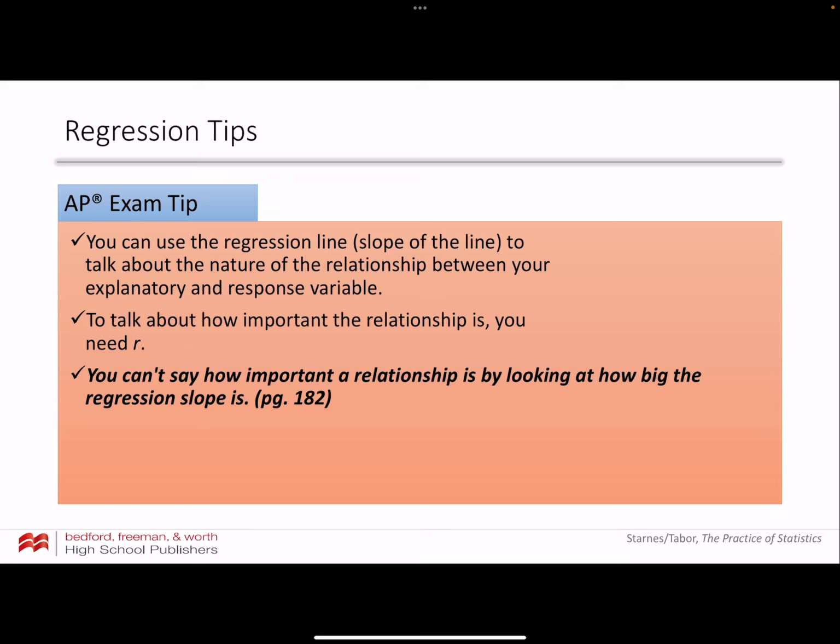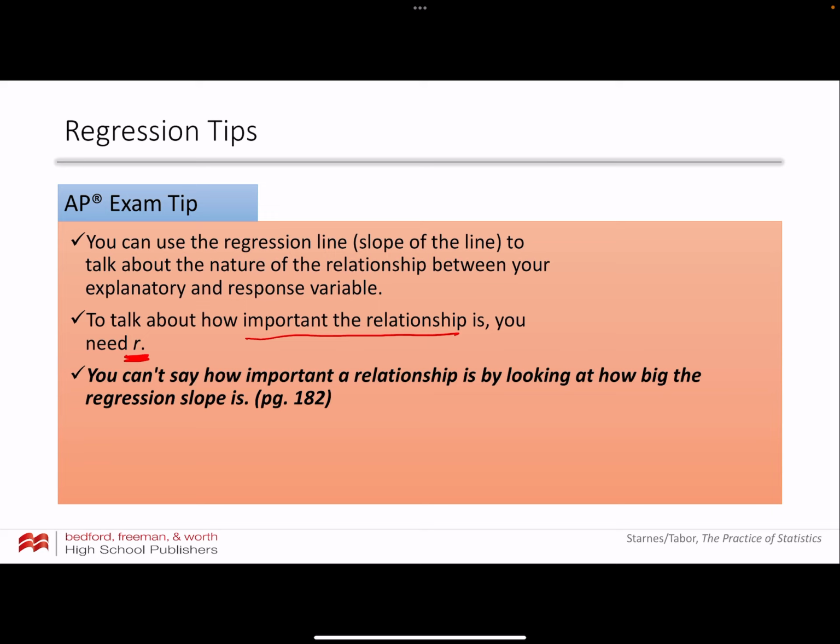But to talk about how important or how strong the relationship is, the slope doesn't tell us how strong it is. Our R value tells us that, right? I could have 2 variables, and the slope between the two could be 1,000,000.